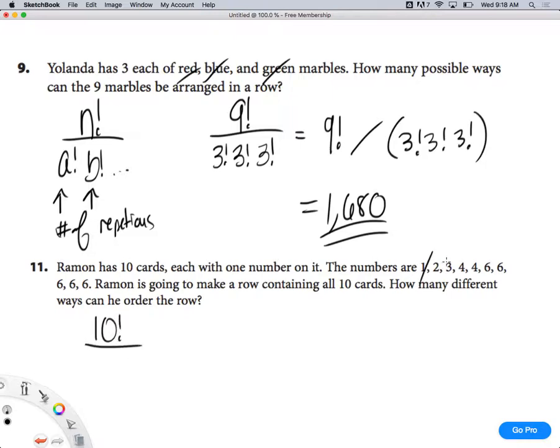Good. 1, 2, and 3 don't repeat, 4 repeats twice, so that's 2 factorial. 6 repeats 5 times, so that's 5 factorial. I get 10 factorial divided by 2 factorial, 5 factorial, which is 15,120. Does that make sense?